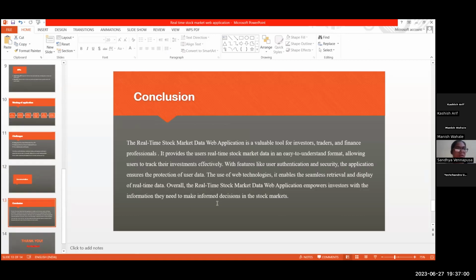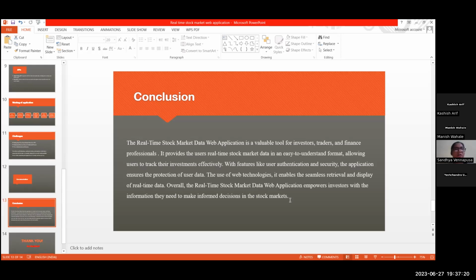The conclusion. So in conclusion, the real-time stock market data web application is a valuable tool for investors, traders, and finance professionals. It provides the users the data in an easy to understand format, and it allows the users to track their investment effectively.